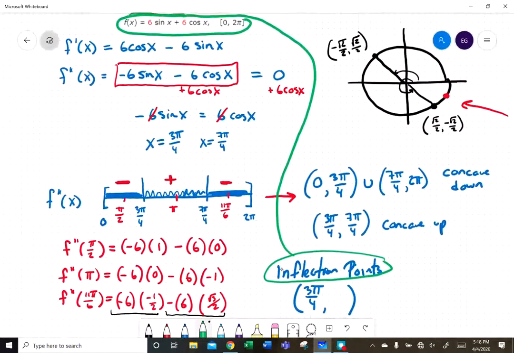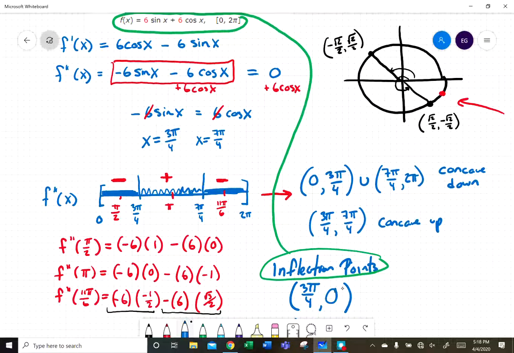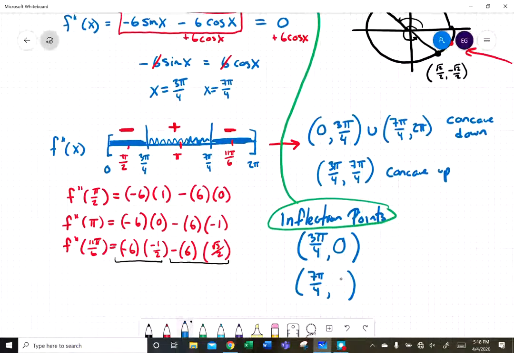And since the sine function and the cosine function are opposite in sign but equal in value, if we plug in 3 pi over 4, we'll get 0. And the same thing with 7 pi over 4, we will also get 0. So those are the inflection points.